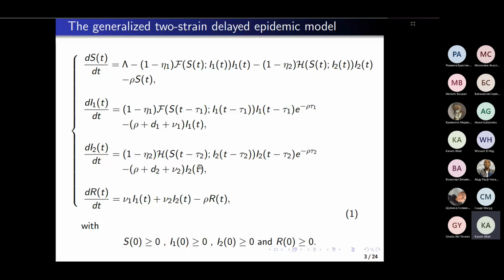If you see the first equation, we don't have R. So if we solve these three equations, we can have I1 and I2, and we inject I1 and I2 in the first equation, and we can have R. And I didn't say that the summation of all compartments is constant.